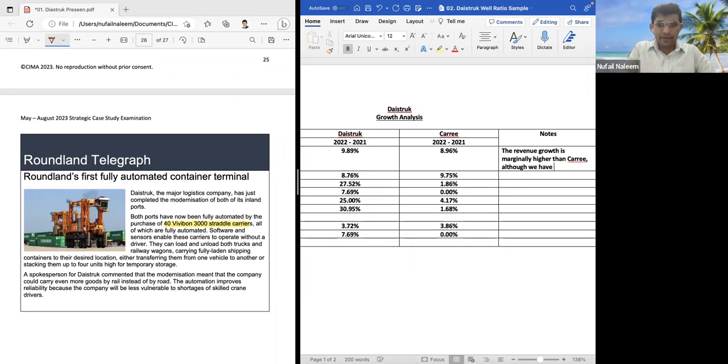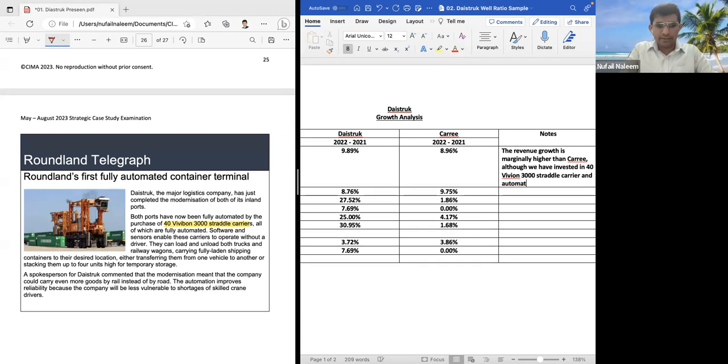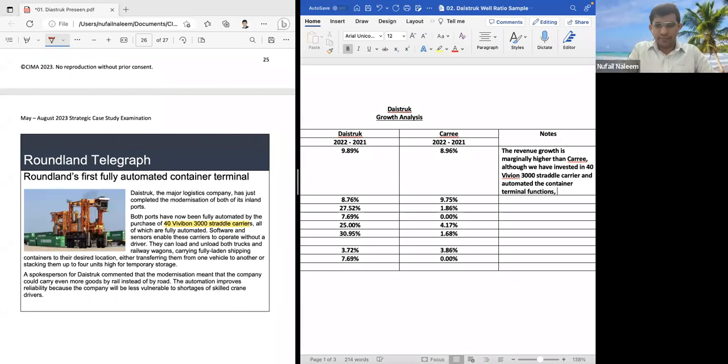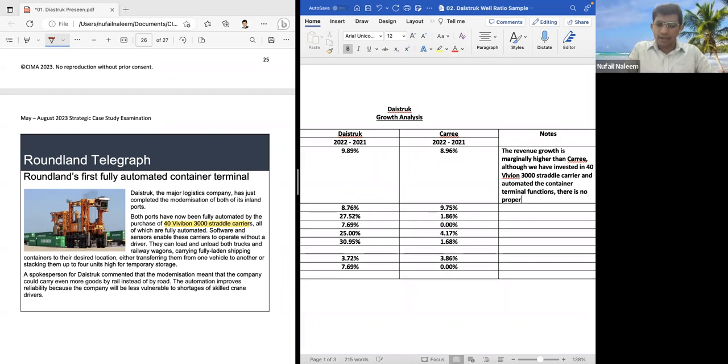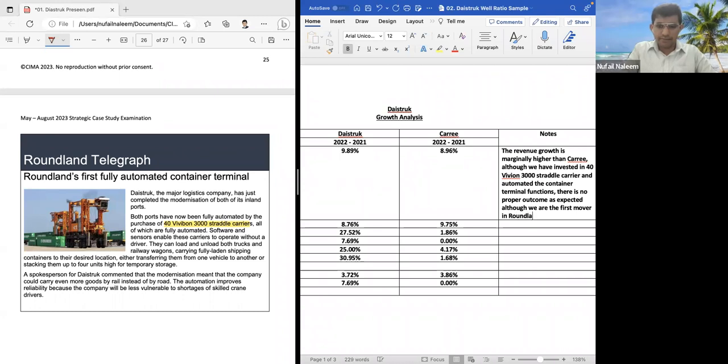Although we have invested in 3,000 straddle carriers, you need to remember this verb, students, and automated the container terminal function, there is no proper outcome as expected. Although we are the first mover in Roundland. Now, students, sometimes some automations will not be successful.